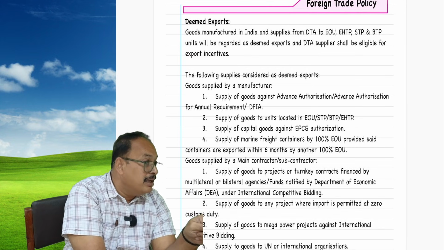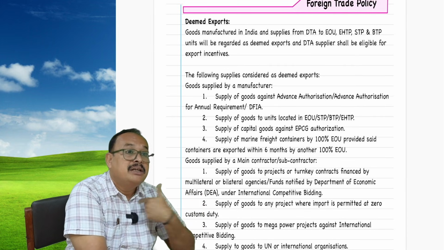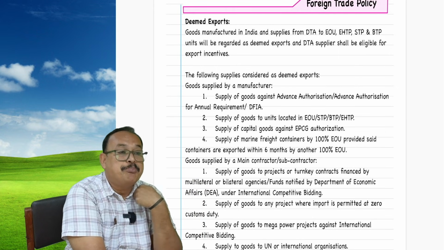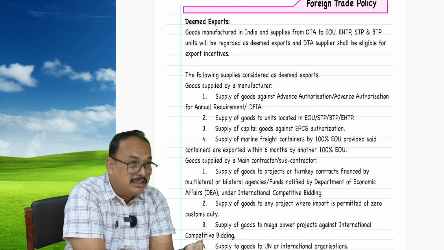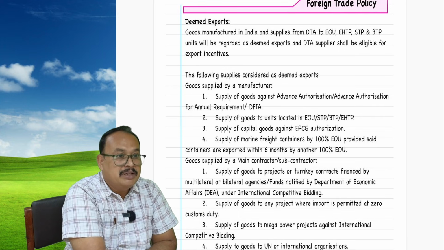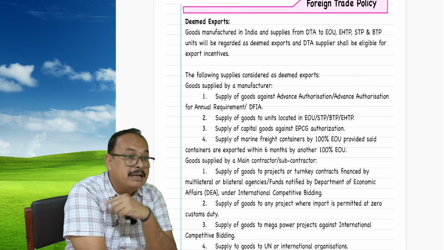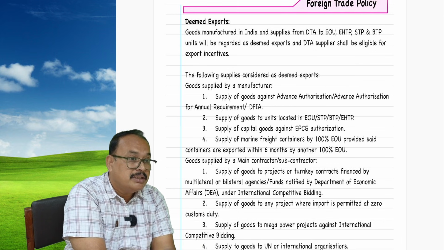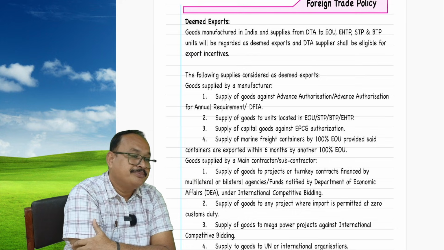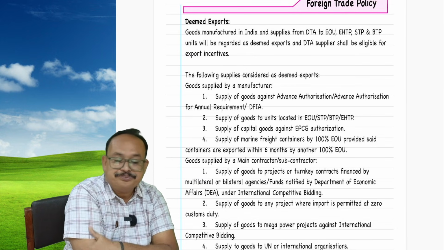In that shipping bill, the exporter should mention the supplier's name. Only then will the supplier to the exporter be called a deemed exporter. If the shipping bill does not contain the name of the supplier of the goods, then it is not a deemed export. Got the clarity, my dear friends?